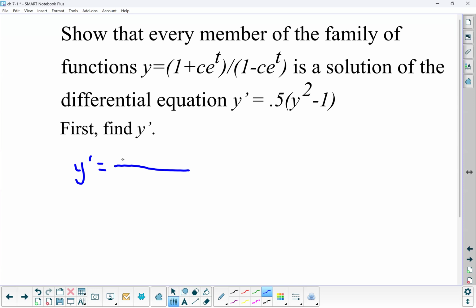The quotient rule says take the denominator times the derivative of the numerator. And the derivative of the numerator would be the derivative of 1, which is 0, plus the derivative of ce to the t. Well, c is just a constant. Derivative of e to the t is e to the t.